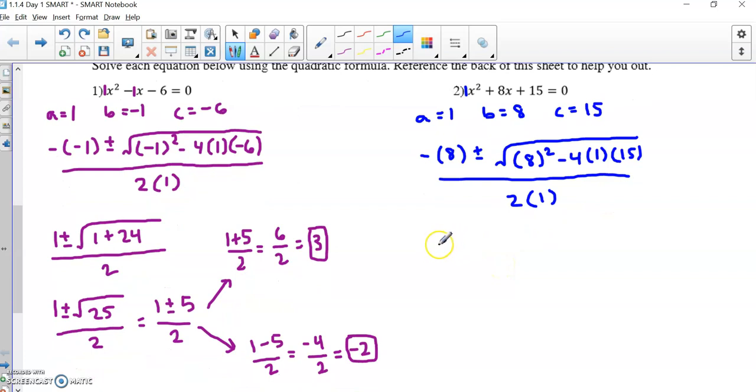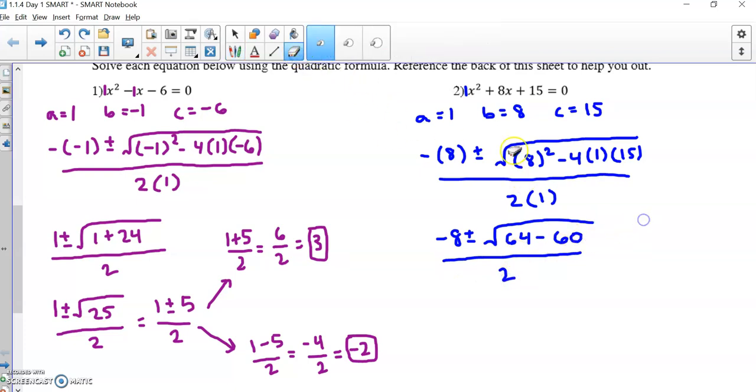So again, all we have to do is go in and simplify everything that we possibly can simplify. So in our square root, we know 8 squared is going to be 64. 4 times 15 is 60. And then over 2. I always draw the square root too long.